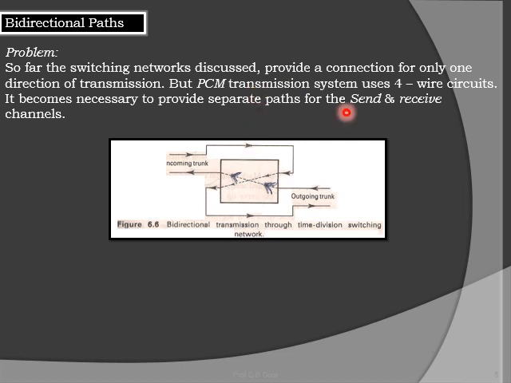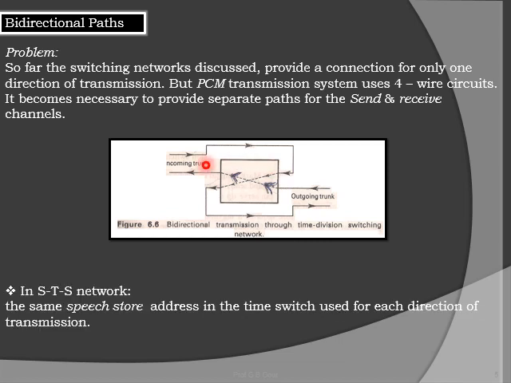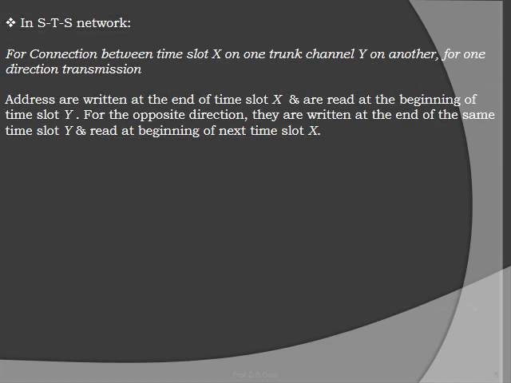PCM transmission systems use 4-wire circuits, a separate path for incoming and outgoing. That can be solved in STS networks by sharing the same speech store address in the time switch. Let's see how this will be done.